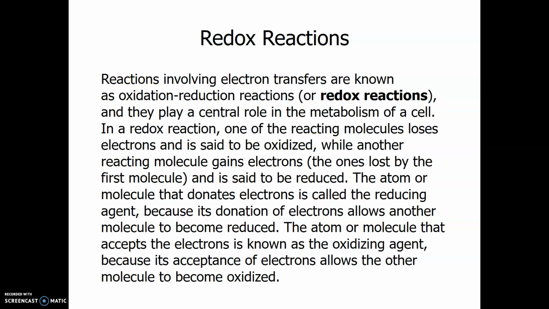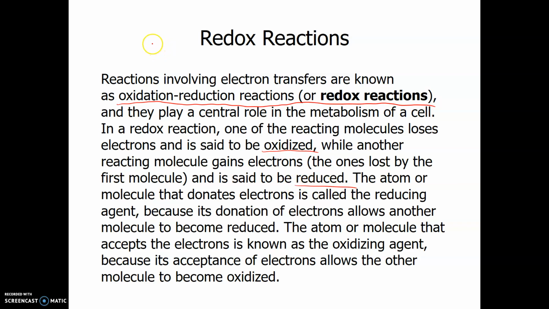In photosynthesis and cellular respiration, we'll be dealing with oxidation reduction reactions, or redox. In chemistry you would go into much more detail, but all you really need to know in biology is what it means for a chemical to be oxidized and what it means for a chemical to be reduced.